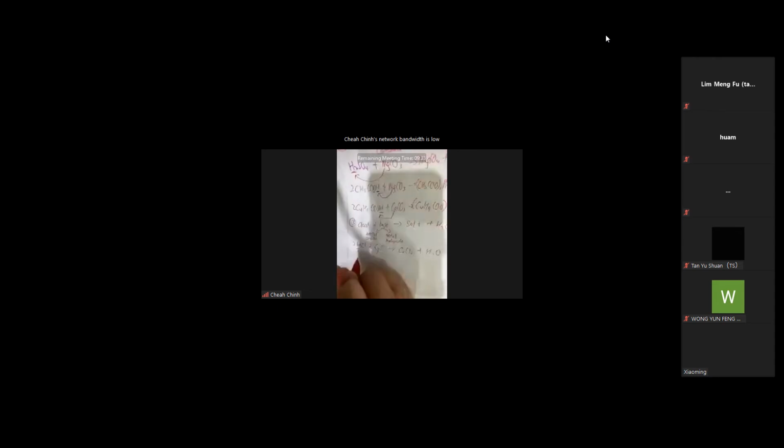Or nitric acid reacts with potassium hydroxide. Because base we got 2, either metal oxide or metal hydroxide, both give salt and water. Hydrogen ion is replaced by metal ion, so you will get KNO3 and water.